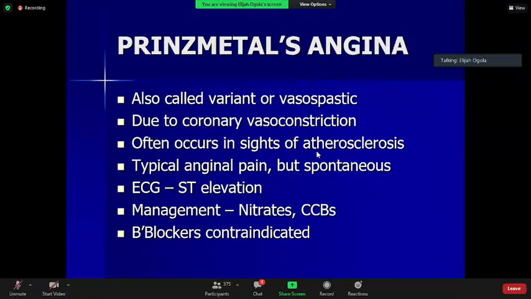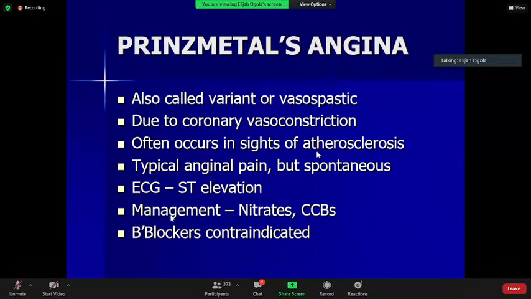The other difference with stable angina is that during the ischemia, if you do the ECG, there's ST depression. In fact, when we do an exercise test, that's what we look for: if we can provoke a significant ST depression. In variant angina, during the ischemic episode, there's actually ST elevation rather than depression.